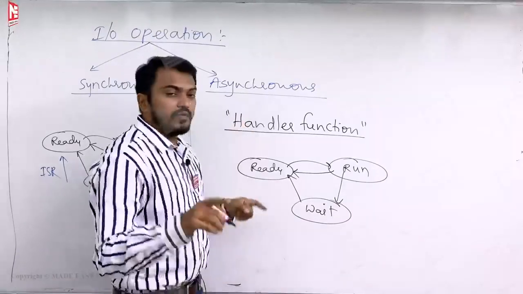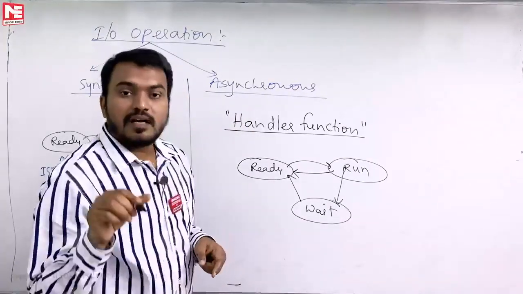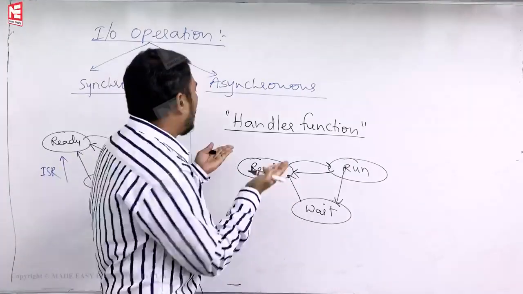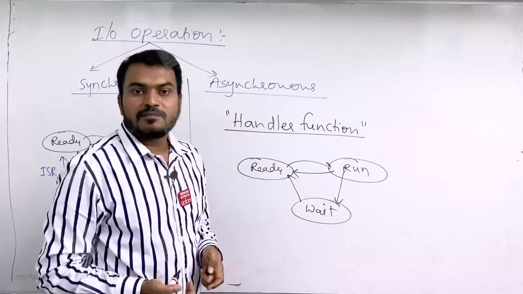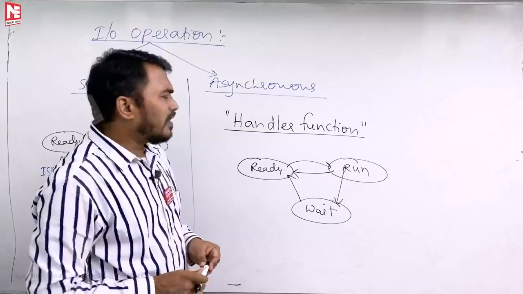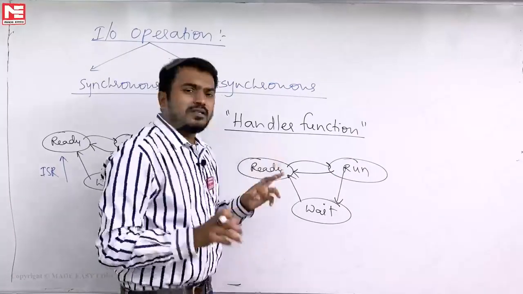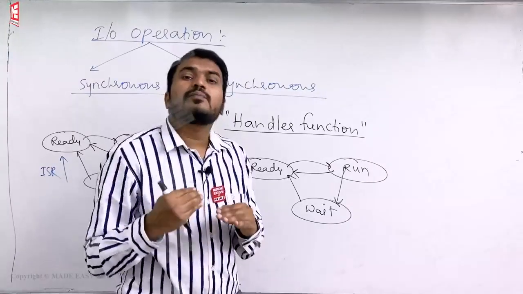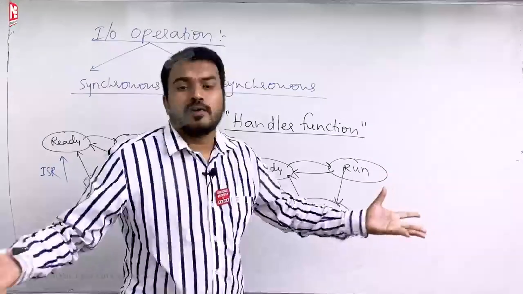In asynchronous IO, what is the first point you have written? While initiating the IO request, the handler function will be registered. So what is the handler function? In the handler function, the process will specify what type of IO operation it is trying to perform.